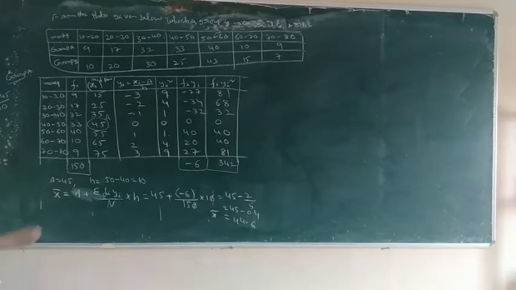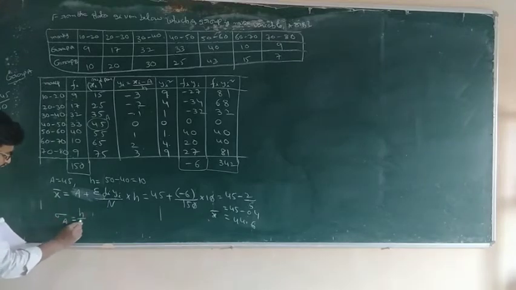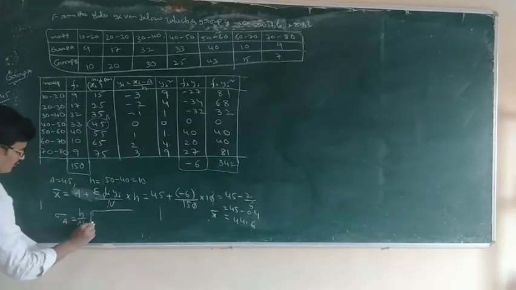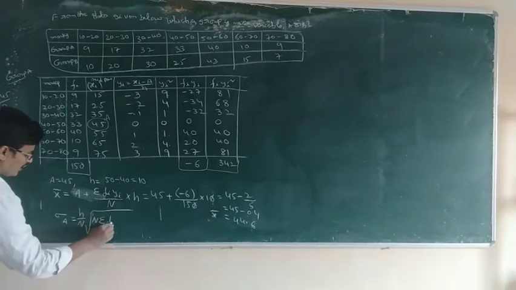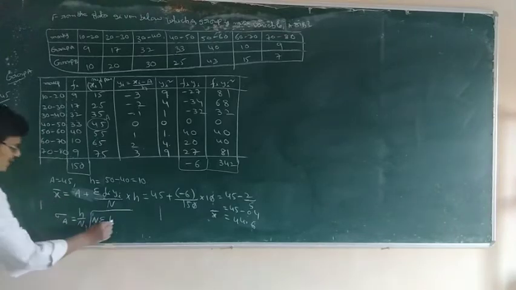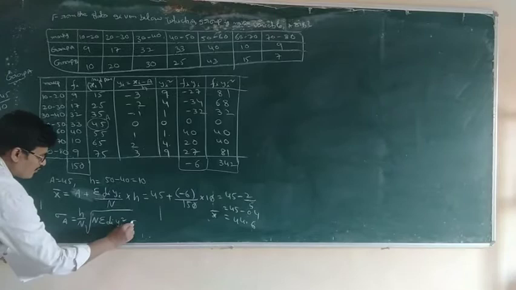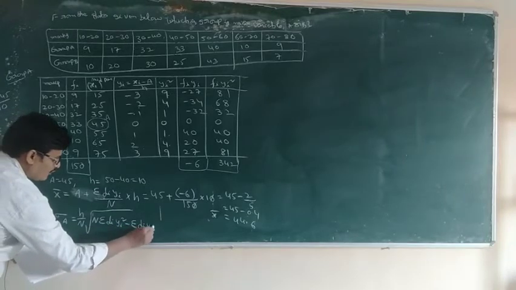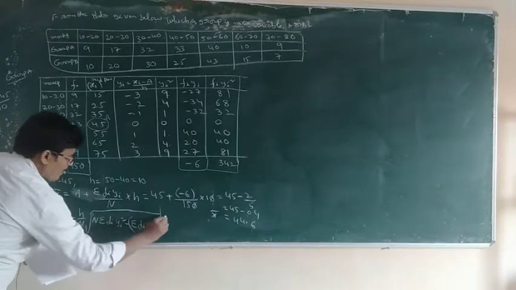Next, sigma for group A. This formula: sigma is equal to h by N into root of N into sigma fi into yi square minus sigma fi into yi whole square.